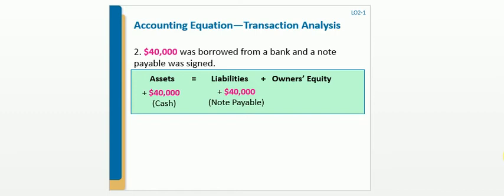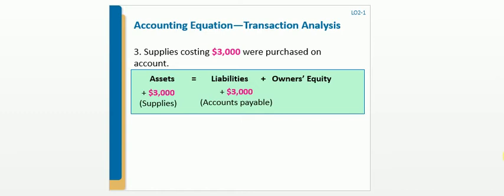So here the cash increases, the liabilities also increase, and under the head asset you will record $40,000 cash, and under the head liabilities you will record note payable 40,000. The loan granted by the bank increases cash by 40,000 while creating an obligation to repay it. This increases both assets and liabilities by the same amount.